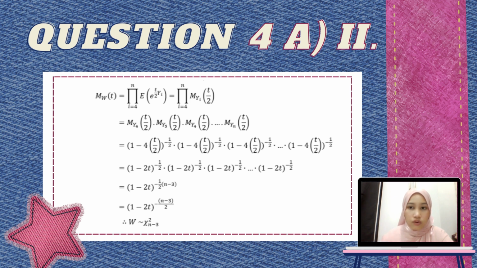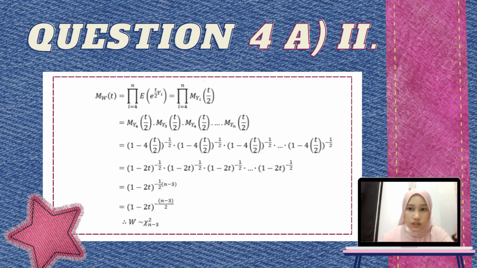And now from i equal to 4 to n, we are summing n minus 3 values. So we will multiply the same expression n minus 3 times. This will give M_W of t equal to (1 minus 2t) to the power of negative (n minus 3) over 2.